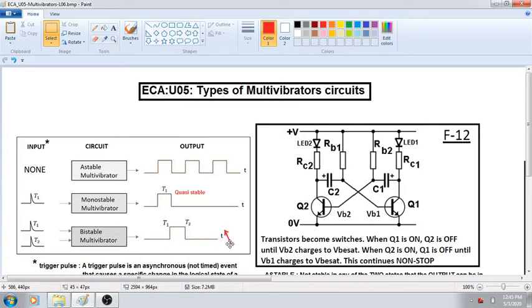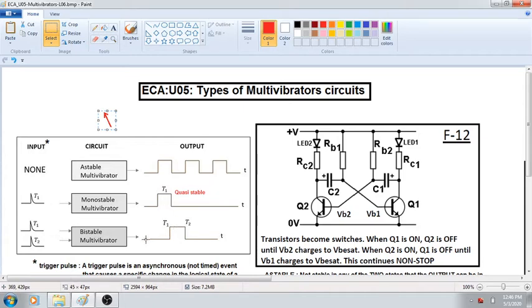How do you bring it back to the lower level? You have to give another trigger pulse called T2, so that it will come back from the high level to the low level. Understood? So in the bistable multivibrator, the output is stable in both levels.